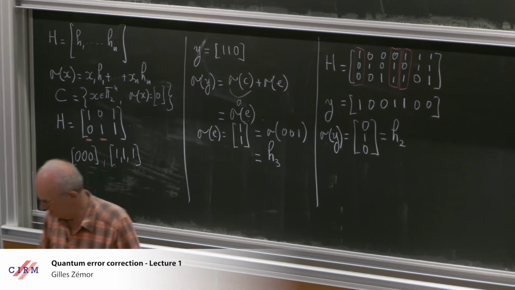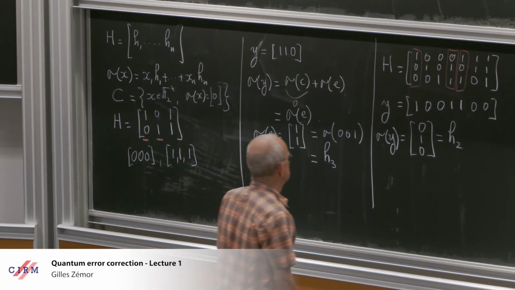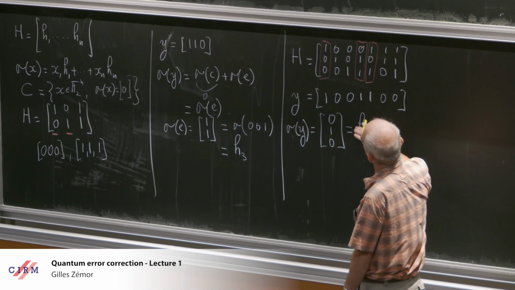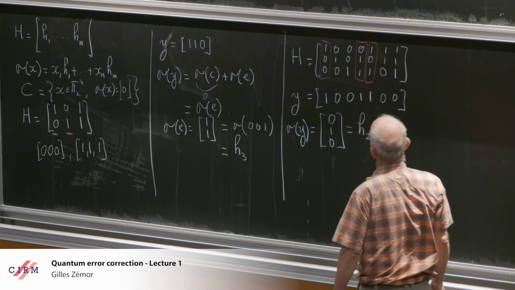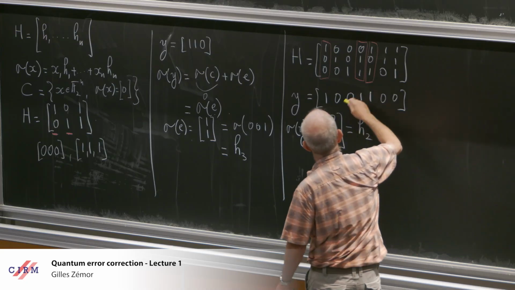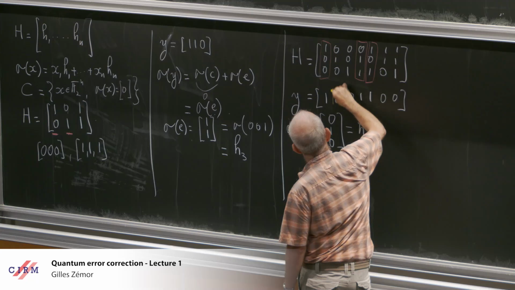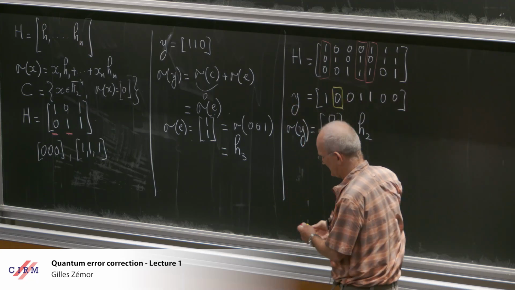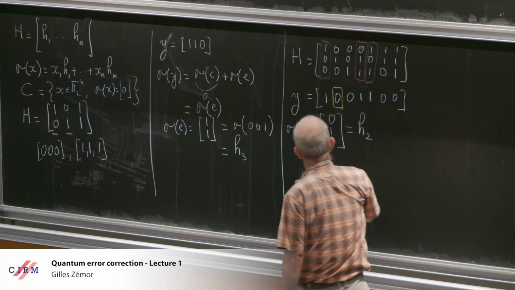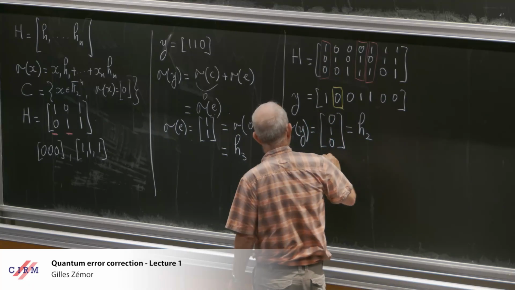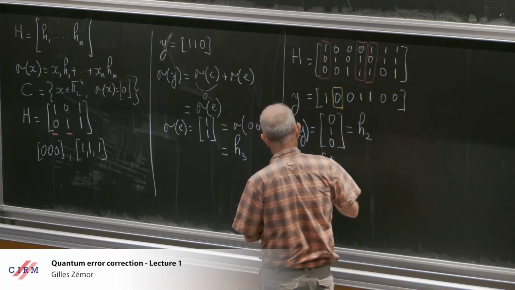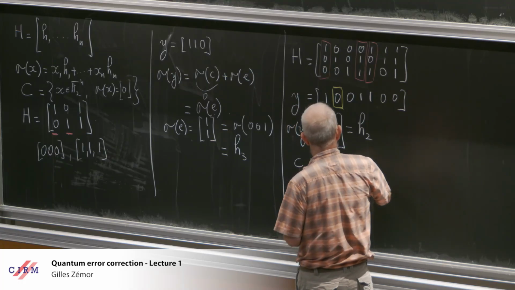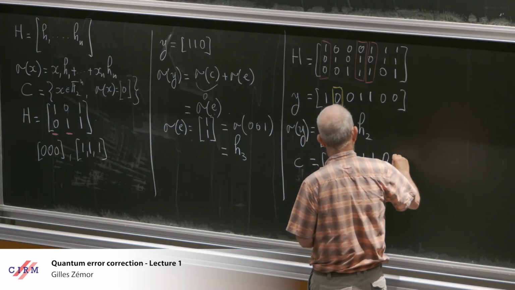So what this means is that to get a code word, all you need to do is change position 2. There's an error in this position, or in other words, you will get a code word if you change the second bit to get this.